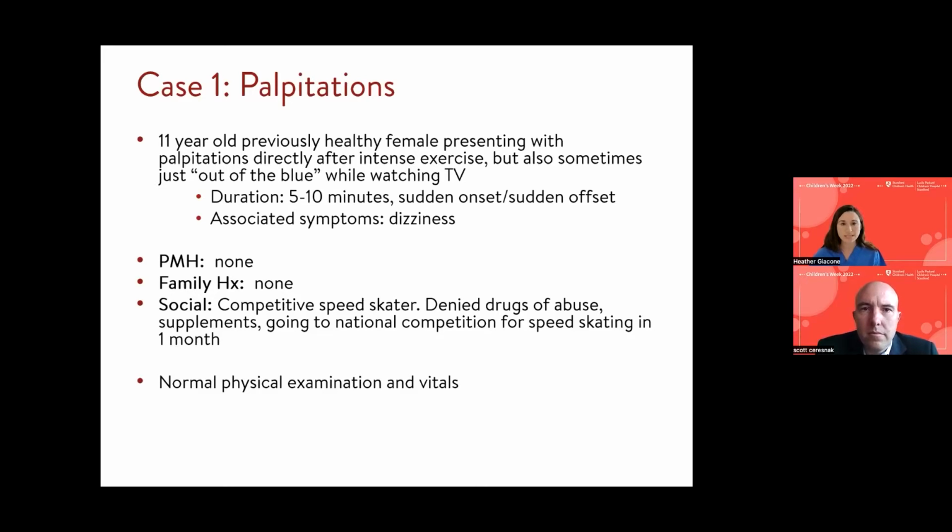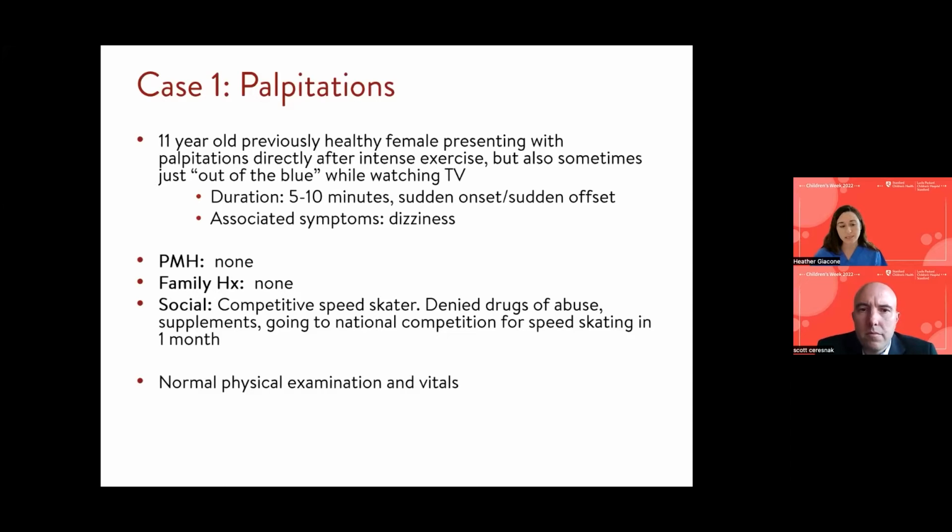She doesn't have any significant past medical history or family history. There's no history of sudden cardiac death within her family, early myocardial infarctions, no known channelopathies or arrhythmia syndromes within her family as well.